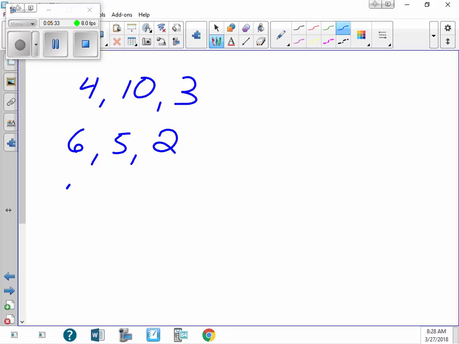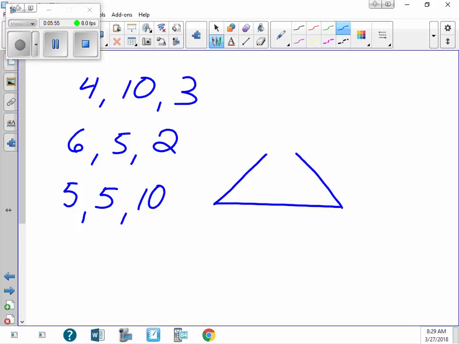What about this? 5, 5, 10. Does that make a triangle? Well, let's try it. Here's my 10. Here's one 5. And here's another 5. They don't touch yet. When I swing this one down, it hits right there. When I swing this one down, it also hits right there.